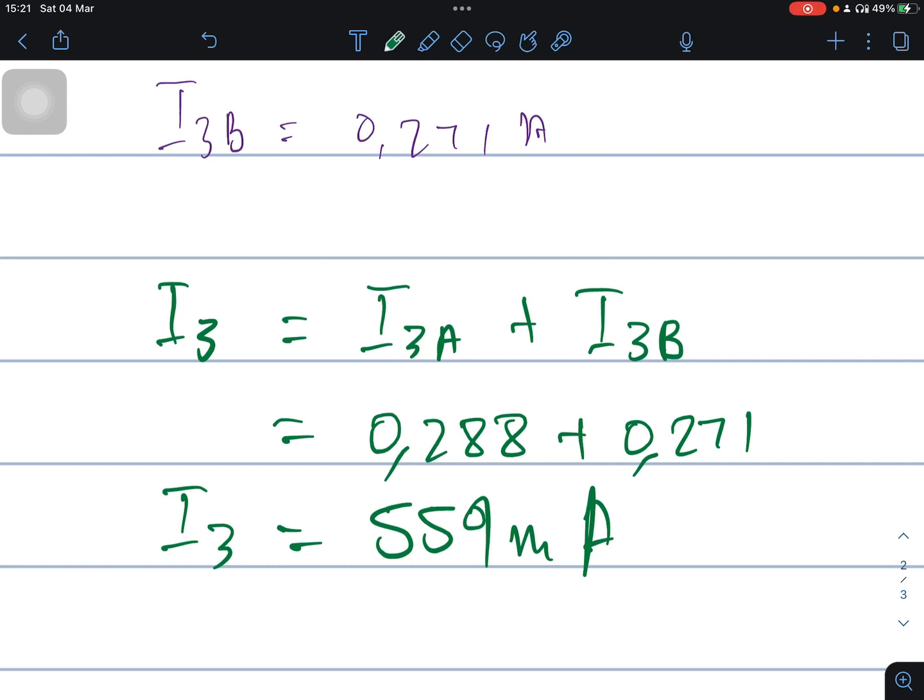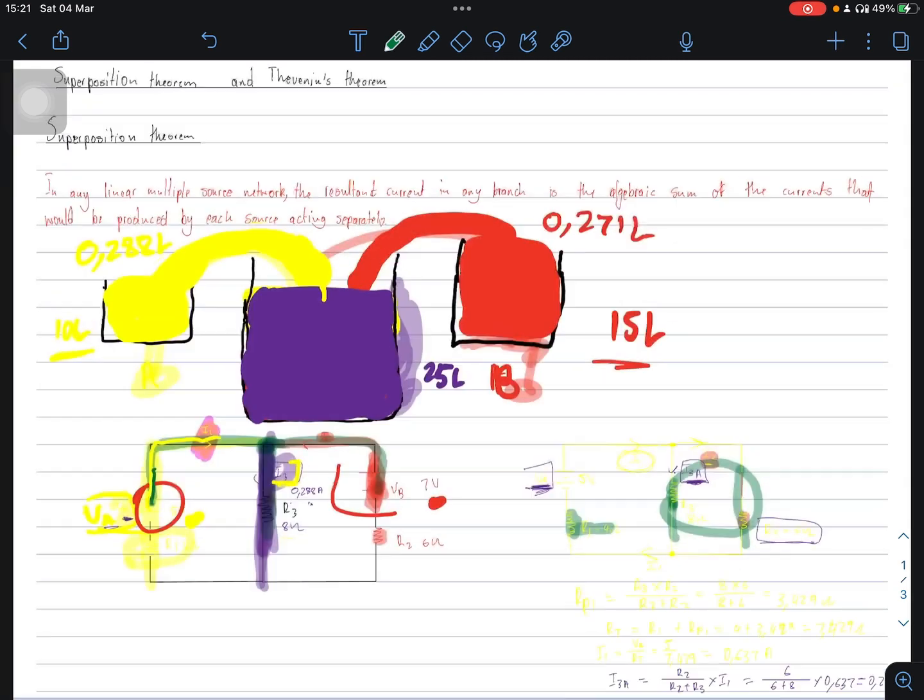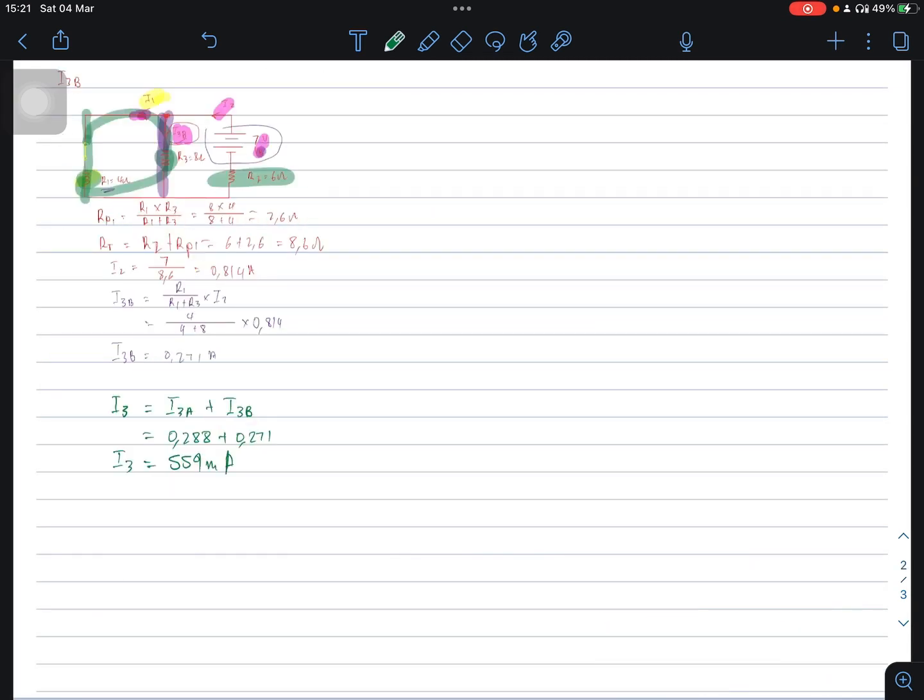What I'm going to do is implement this superposition theorem in an actual exam type question.